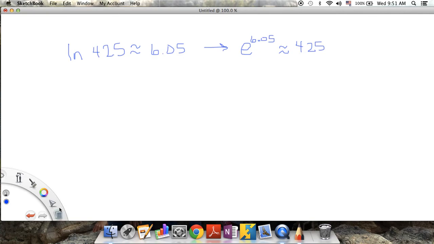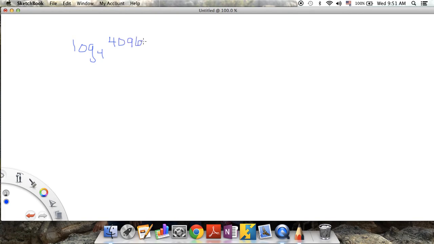Now, what happens if you don't have all the things you want to actually solve? Well, we're going to just talk about one way to do that today, and we'll talk about a different way tomorrow or next lesson. So let's look at this. If we have this problem here, we want to know what y is, then one way to do it is to rewrite it as an exponential.